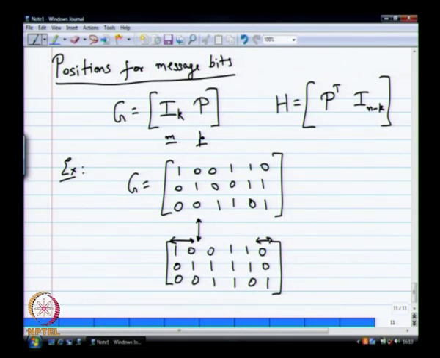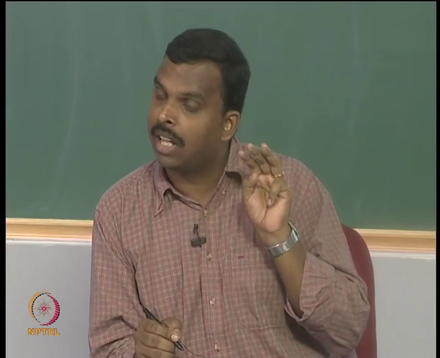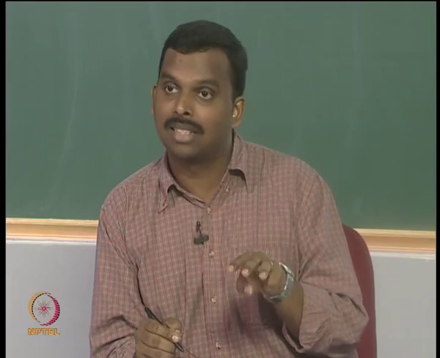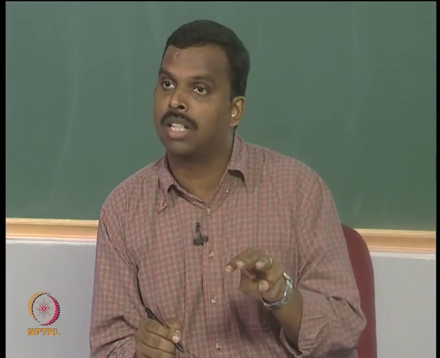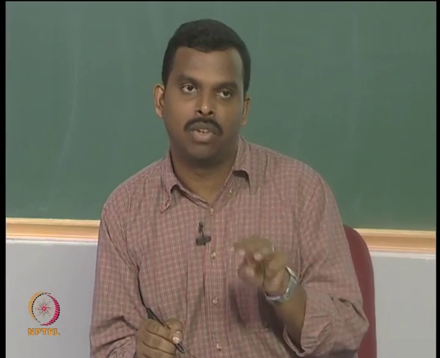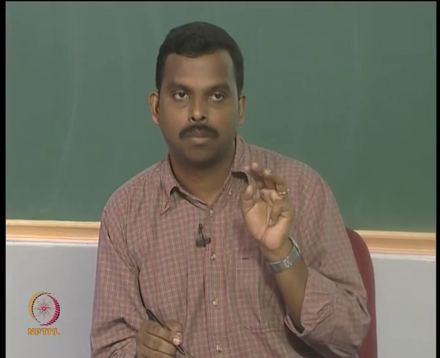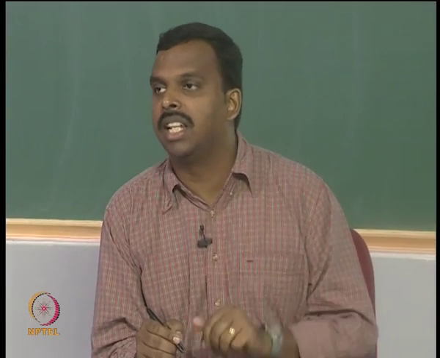Is it the message bits or the parity bits? It is the parity bits, so that is the difference. Once again I can pick any n minus k columns in H and ask when will those n minus k columns correspond to parity bits. When they are linearly independent.